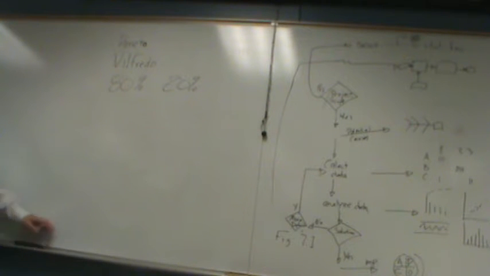So historically, Mr. Pareto theorized that 80% of the world's wealth was held by 20% of the people, I believe is the way that worked out.